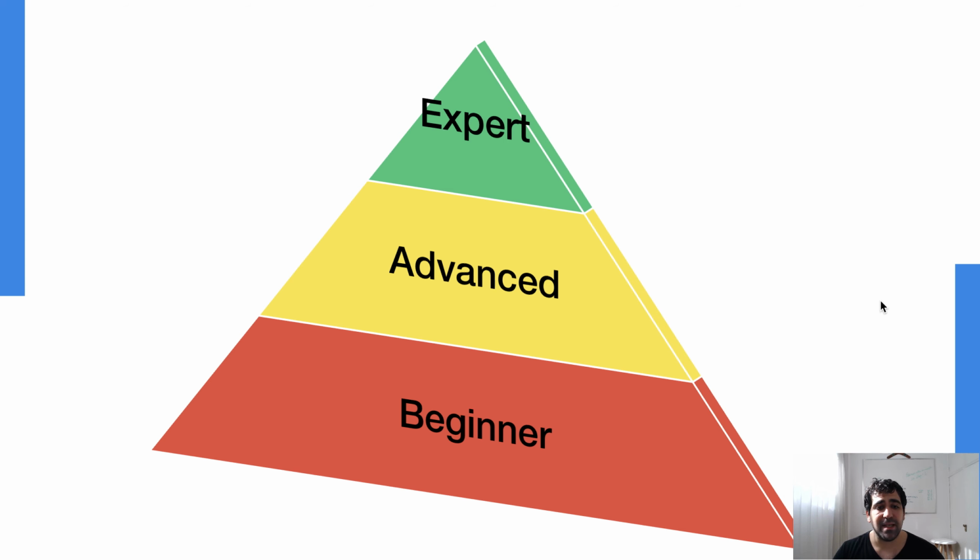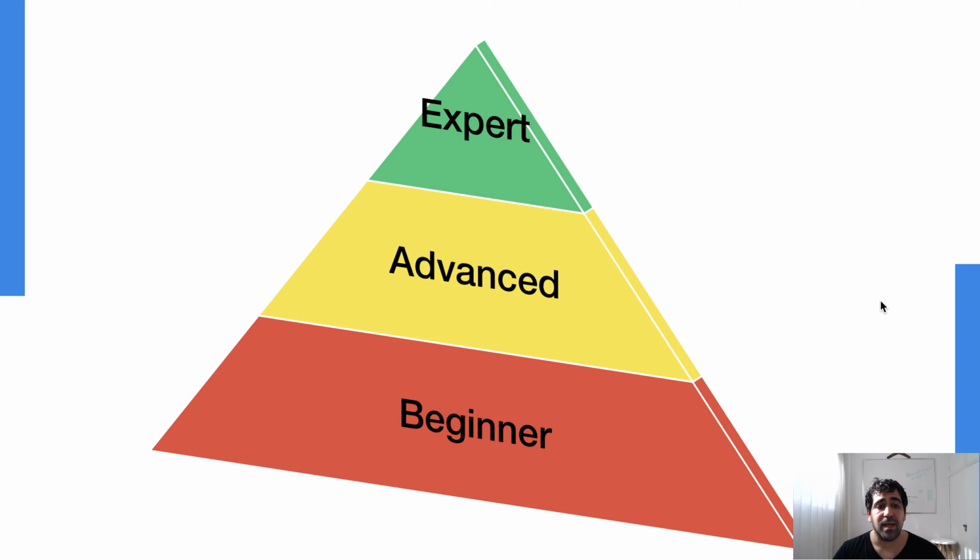First of all, let me tell you how this is going to go. The training is going to have three sections. The first section is going to be the beginner section. It's going to be the first one where I'm going to be covering everything that you need to get started with Facebook ads and Instagram ads.